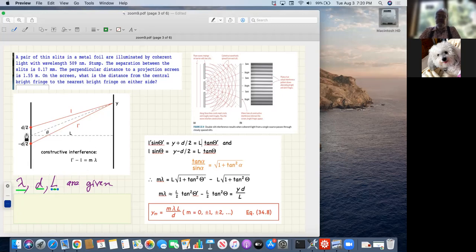Now, by a little bit of trigonometry, if we look at this right triangle, we see the tangent of this angle. Let's look at this angle. We can call that theta for L. The tangent of theta is this distance, y minus d over 2, divided by this length, L. So L times the tangent of theta is y minus d over 2.